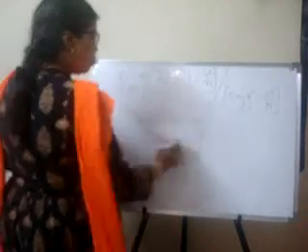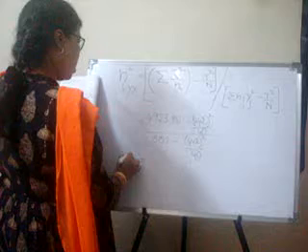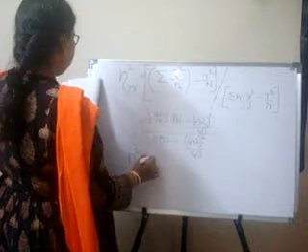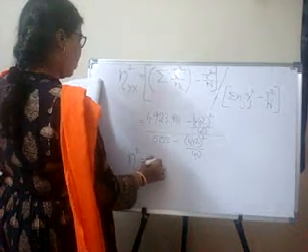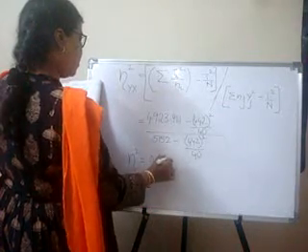So if we calculate this, we are going to get the value nu square y on x is equal to 0.1486.